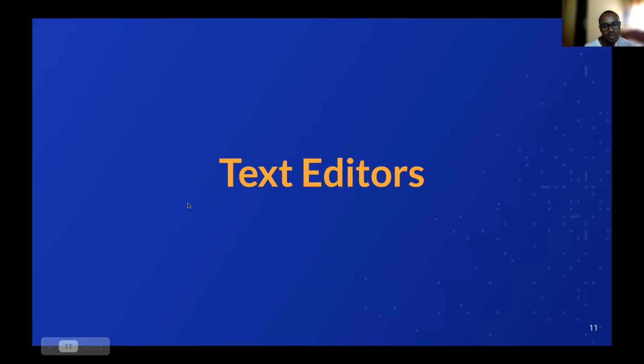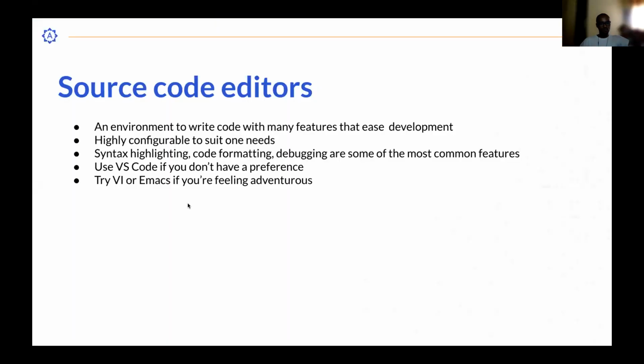But the last thing we want to talk about is text editors, which are the environments that we use to write our code. Text editors are also known as source code editors. In our case, when we say text editors, we mean source code editors.